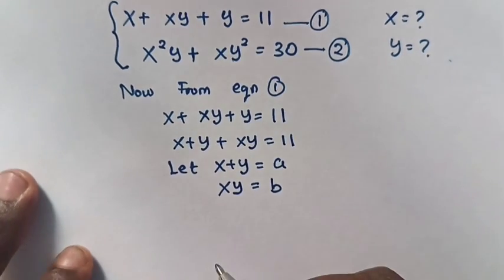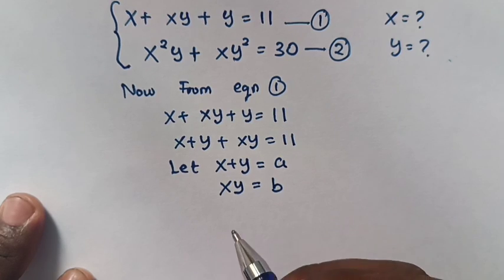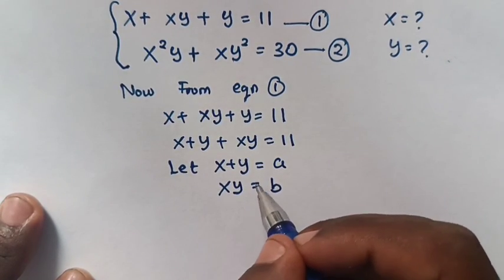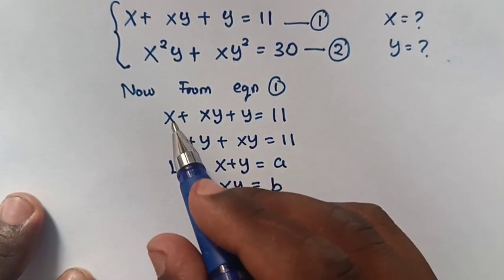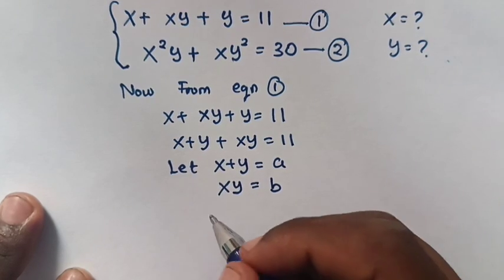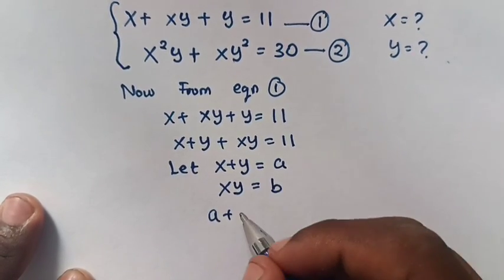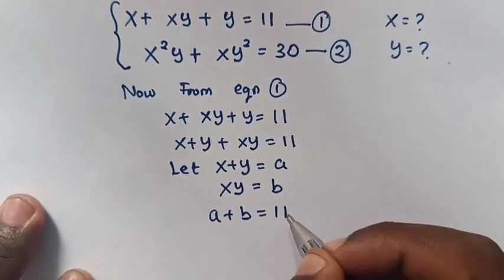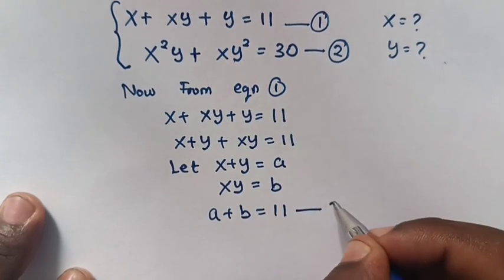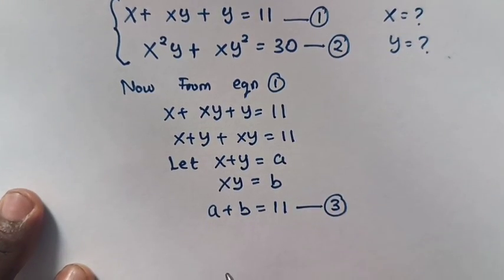Then we'll substitute a and b into equation 1. So a is x plus y, so it will be a plus xy, which is b, is equal to 11. We will call this equation 3.